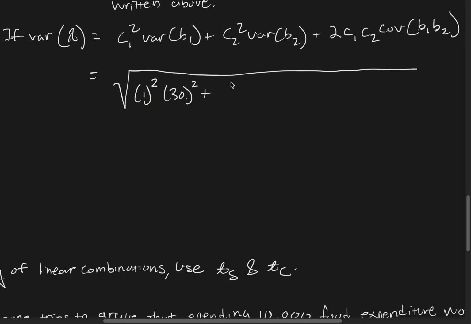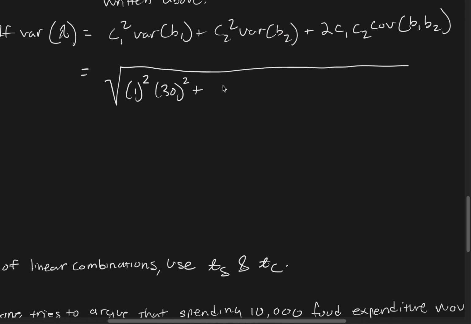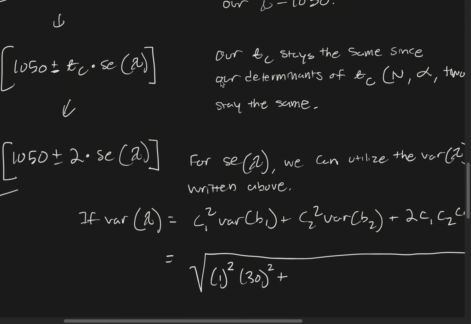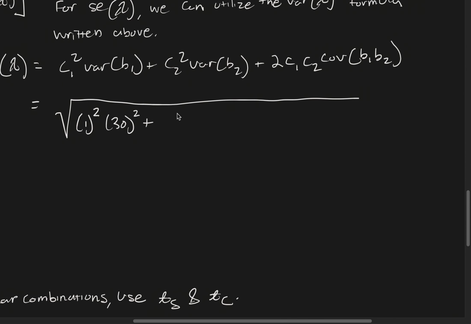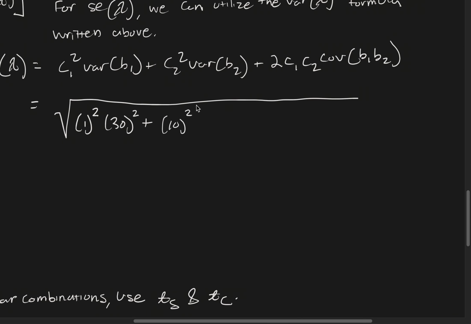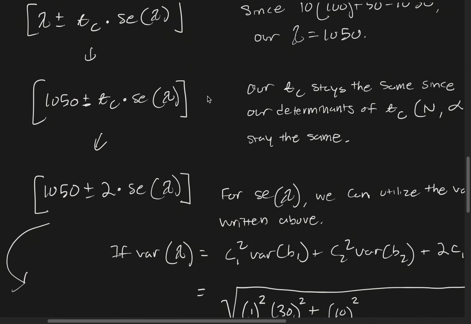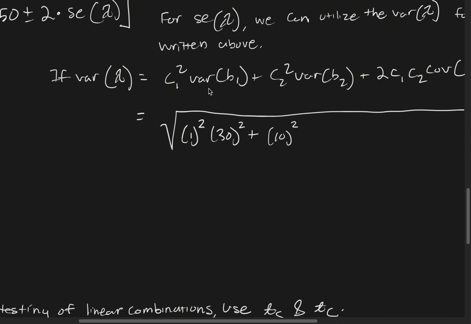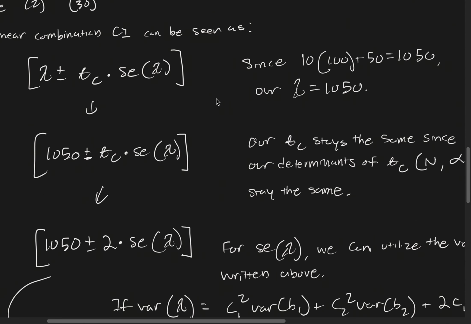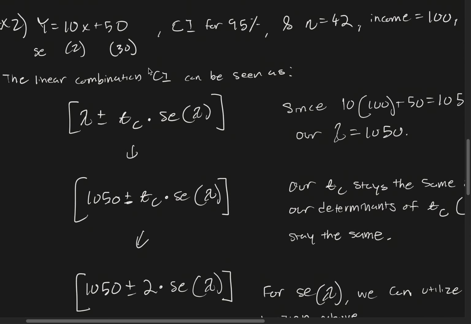And so we can just write the variance formula out right here. Coefficient of beta 2 was 10. And then the variance of b2, that was 2, or excuse me, this is a standard error.